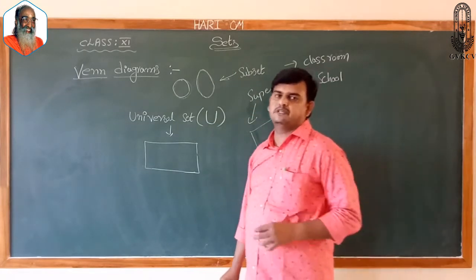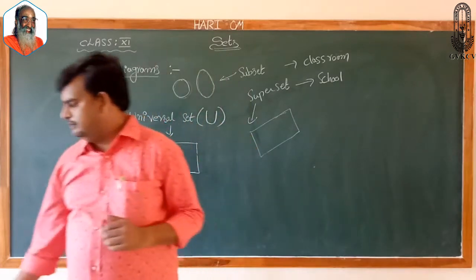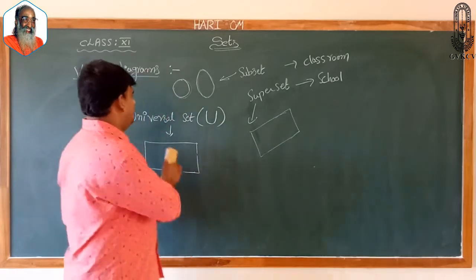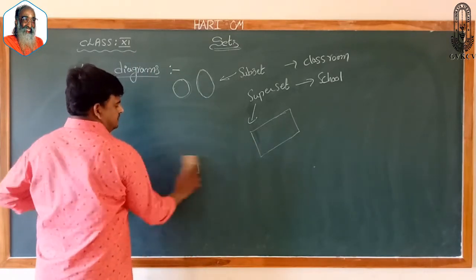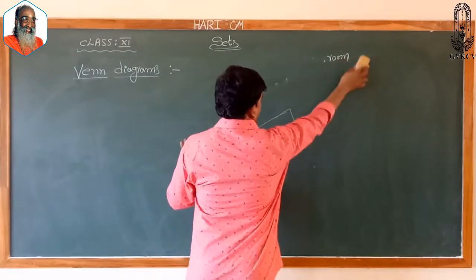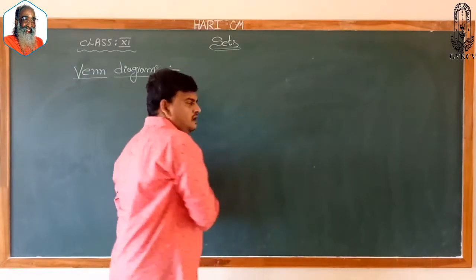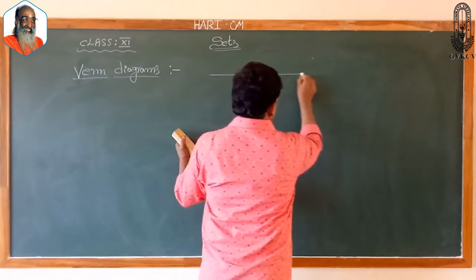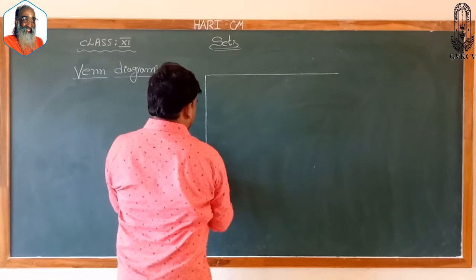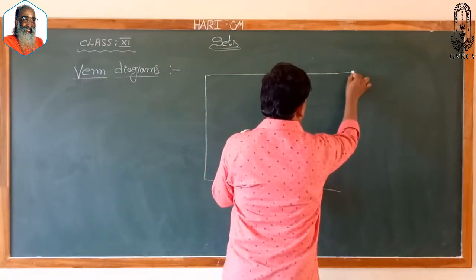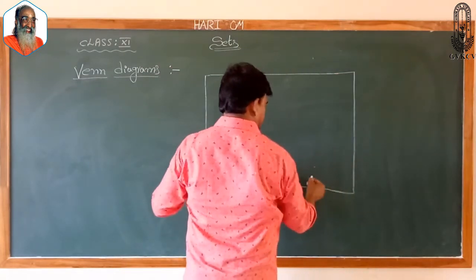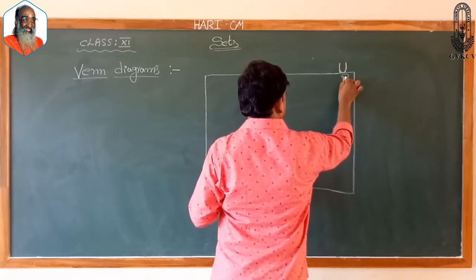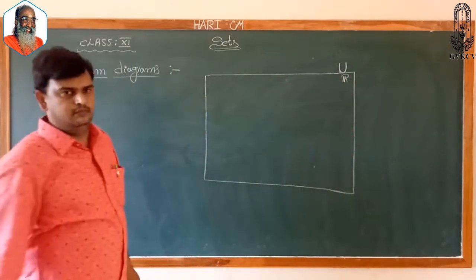So let us see how to represent and how to locate the numbers. For example, when we have real numbers. As per our knowledge, real numbers is the biggest set we have. Real numbers is the biggest number system, which means it is the universal set. So the real numbers I am representing with the universal set.